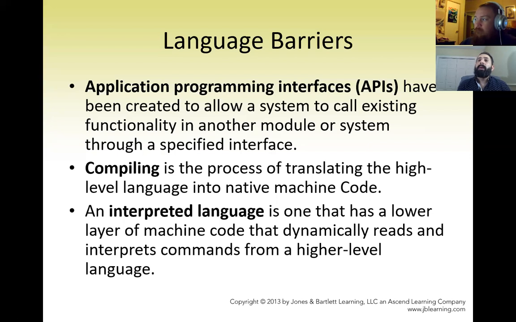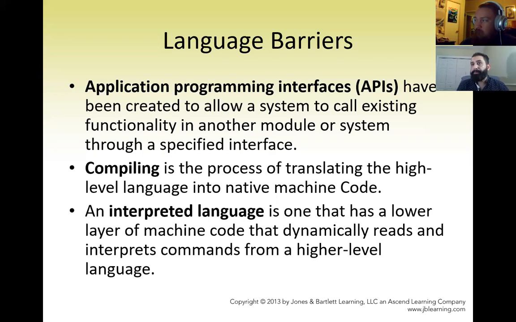Compiling is the process of translating a high-level language into native machine language, translating your Python, your C++, your C language, JavaScript into zeros and ones. That's compiling, making sure that it's going to work. That code will be checked for errors, because if there is an error, it will say, hey, that's an error, it cannot happen this way, and now you need to correct it, otherwise it will not produce accurate information.